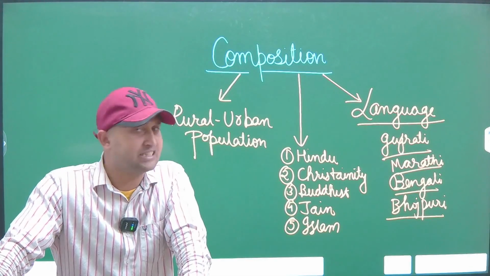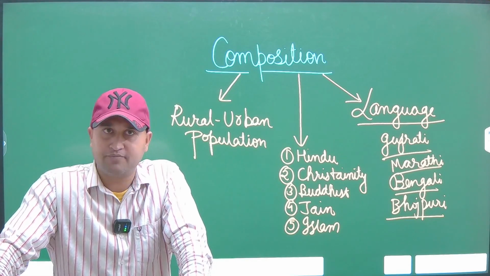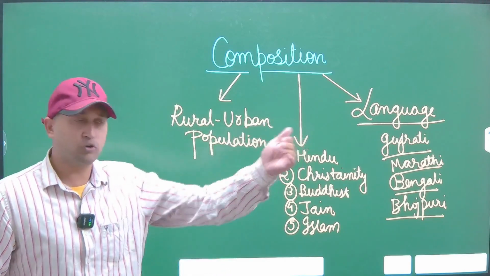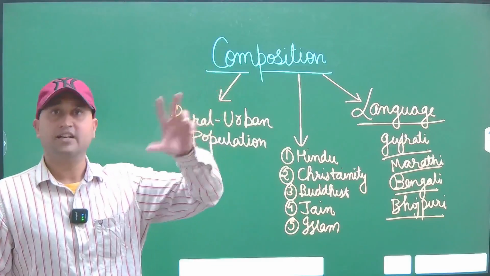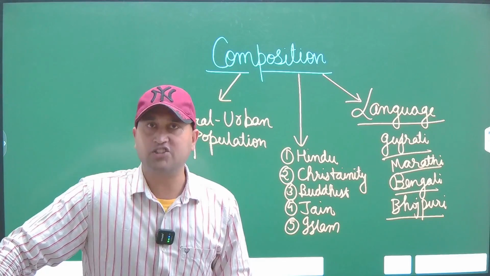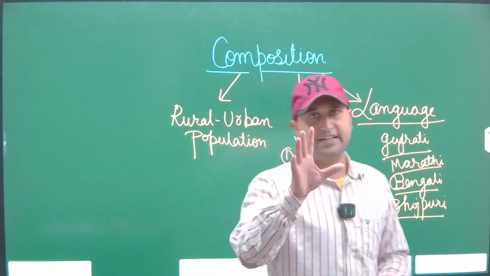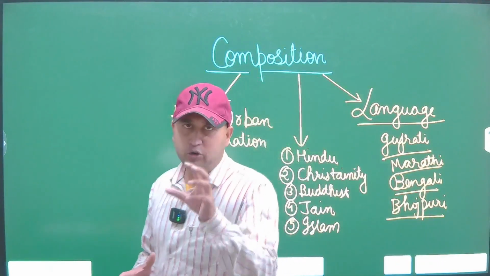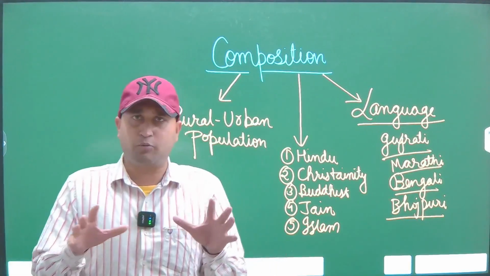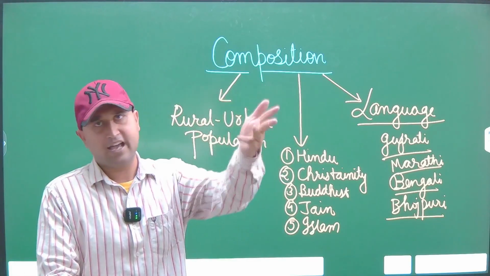When we go through these concepts, we get a better, thorough insight into how a population is distributed, how it is growing, whether there is any growth or not, what the density of the population is, and what the composition of the population is. To understand the population very well, you have to go through these four aspects: the distribution, the growth, the density, and its composition.